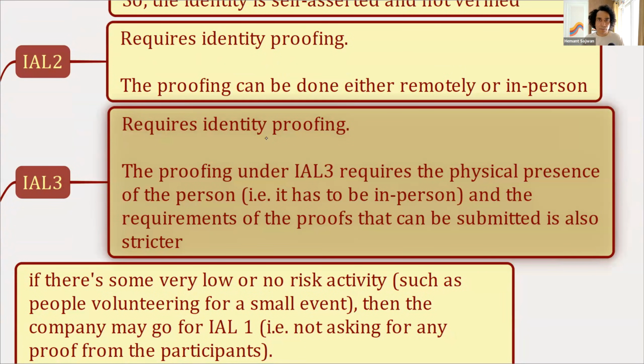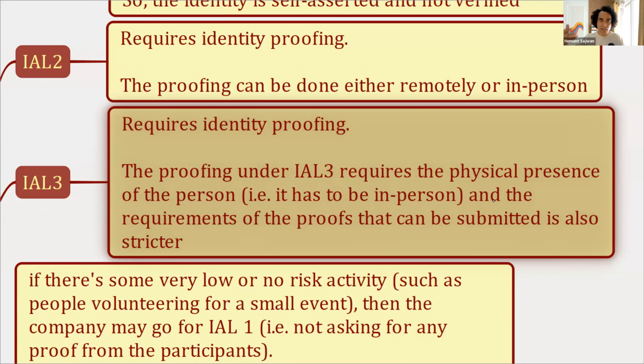For example, passport. When you apply for a passport, you have to submit certain documents in person by visiting the passport office. You can't do that online, at least not in India. That is IAL3. The proofing under IAL3 requires the physical presence of the person, and the requirements of the proofs that can be submitted are also stricter.